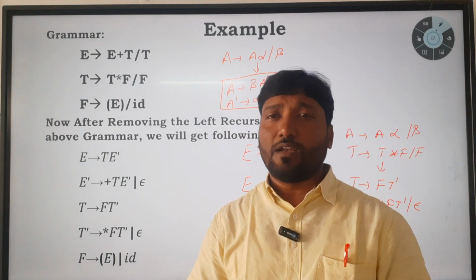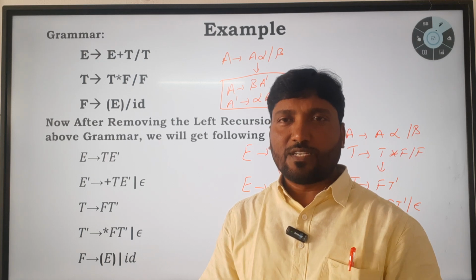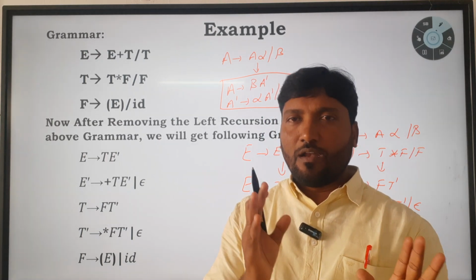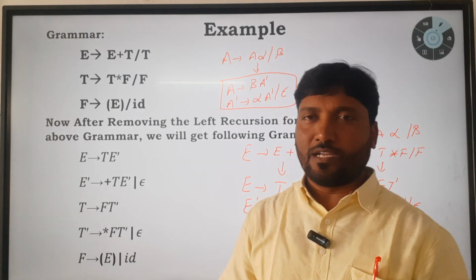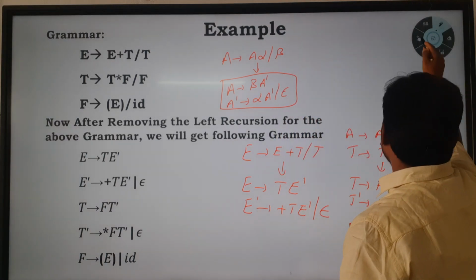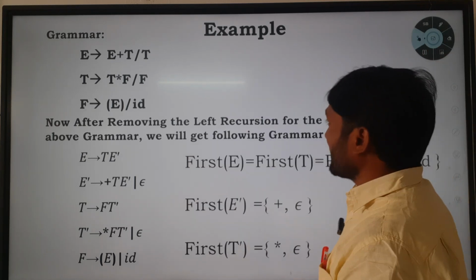Before calculating the first function, we must eliminate the left recursion and left factoring if there is any in the given context-free grammar. Now we are going to construct the first function. What is the first function?